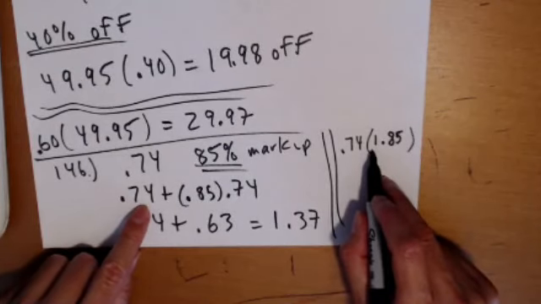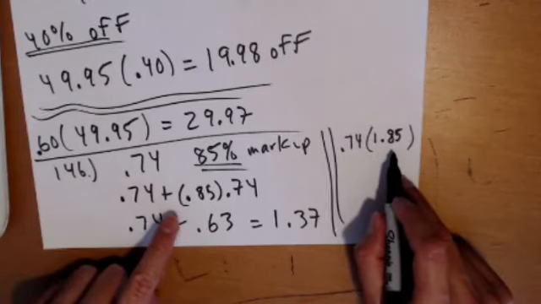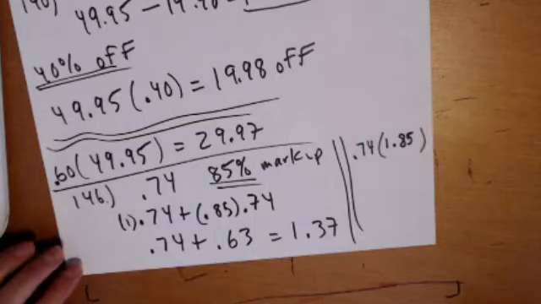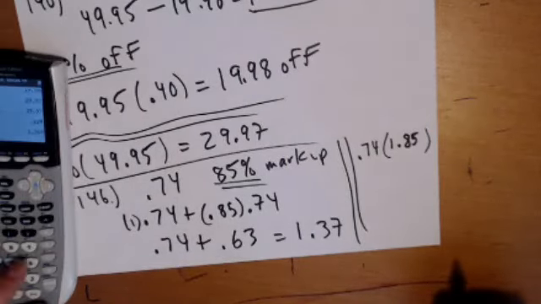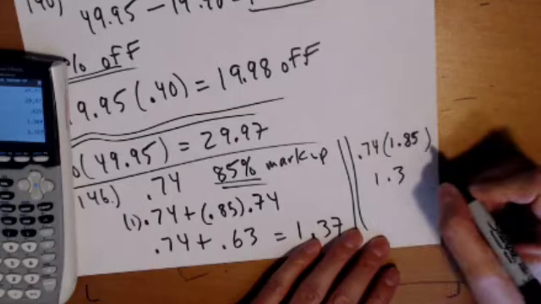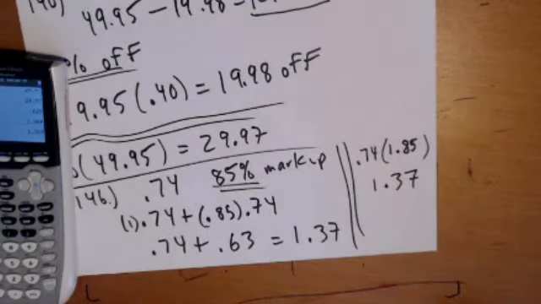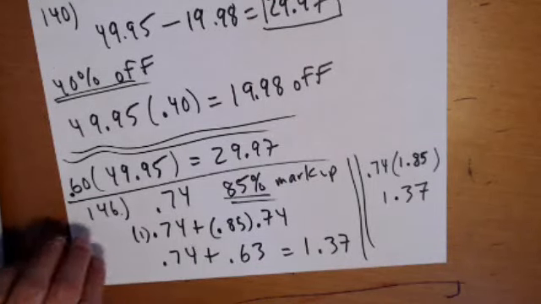So 1 rose plus 85% markup. Okay, maybe you're not liking this trick. So 0.74 times 1.85 equals $1.369. I'll just round it to the nearest penny, 1.37, like I did there. So all roads lead to Rome eventually.